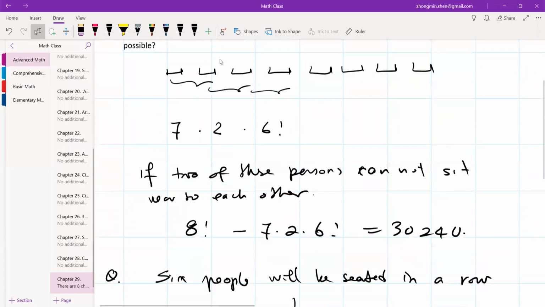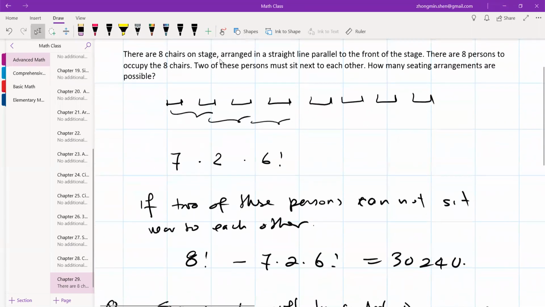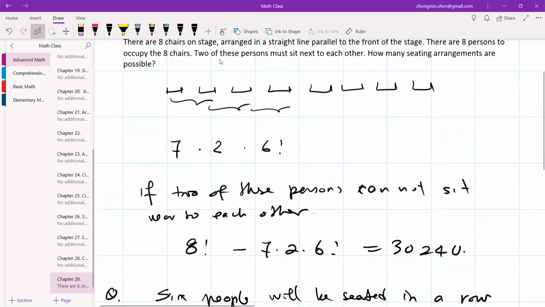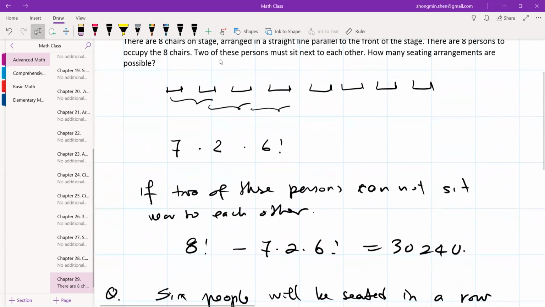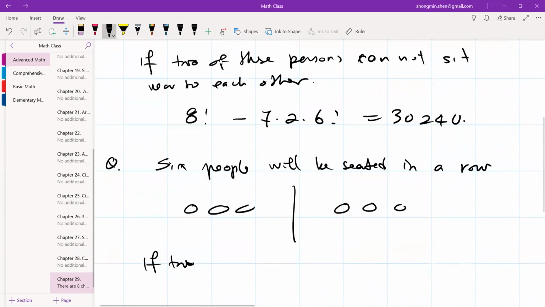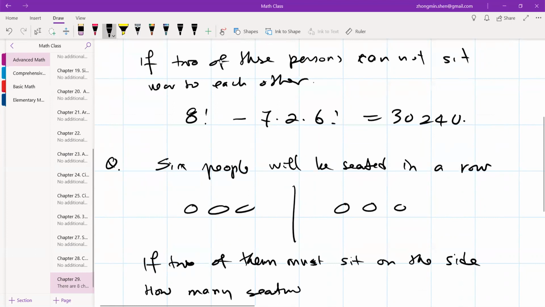The question is, if 2 of those people must sit on the same side, how many sitting arrangements are possible? If 2 of them must sit on the same side, not next to each other, how many sitting arrangements are possible?